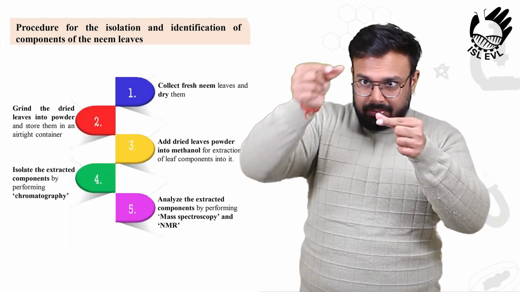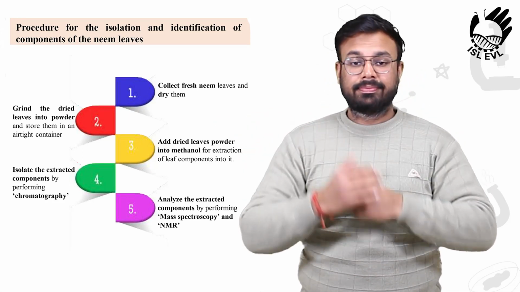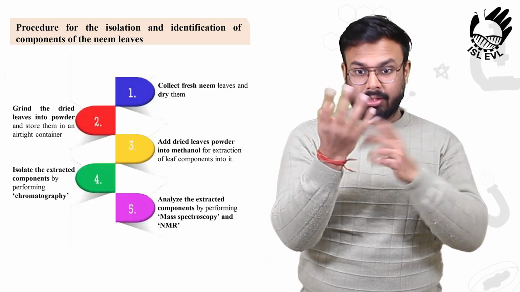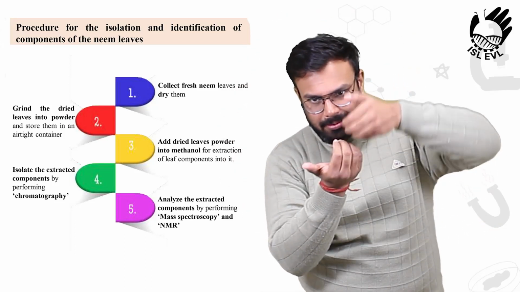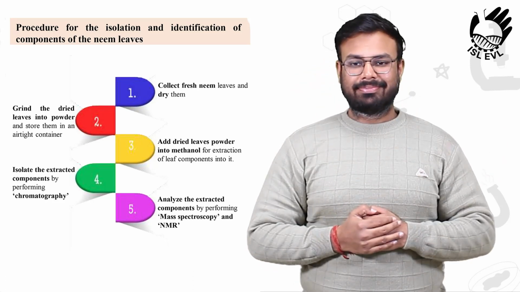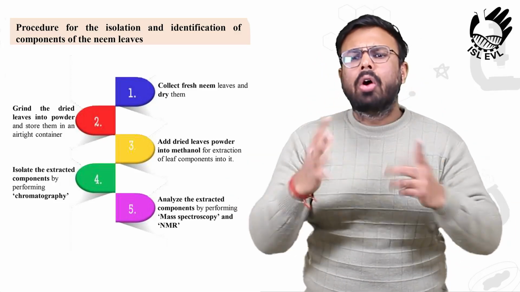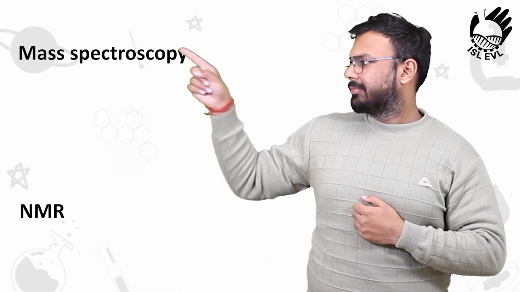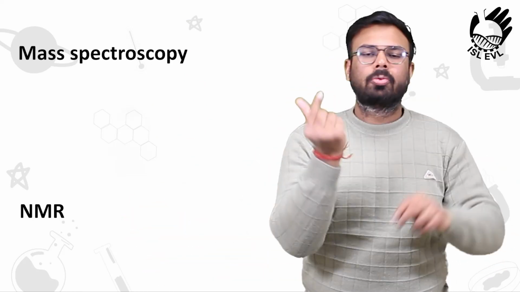Third, add dried leaves powder into methanol for extraction of leaf components into it. Fourth, isolate the extracted components by performing chromatography. And then fifth, analyze the extracted components by performing mass spectroscopy and NMR.